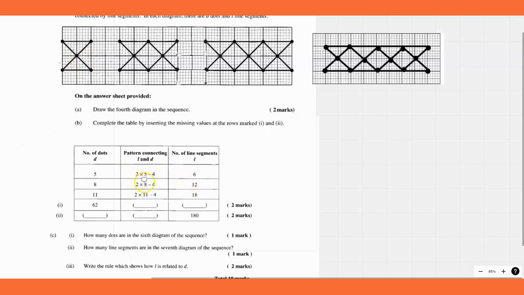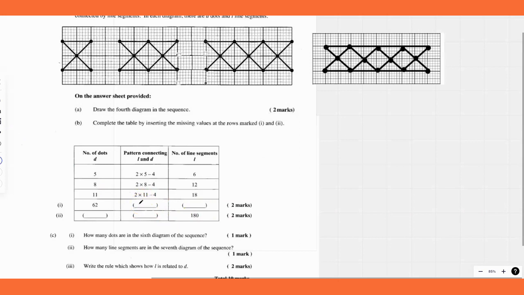But we have a rule that we can use to work out the missing bits here. So we are doubling the dots and subtracting 4. So for this one, all we need to do is to double 62 dots, and then we subtract 4, and then we would get the corresponding line segments. So let's work that out. In this section here, we should have times by 2.